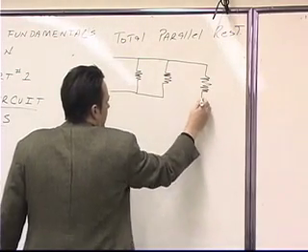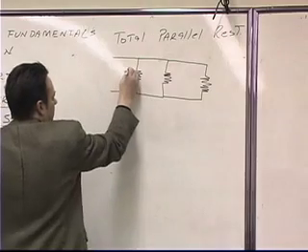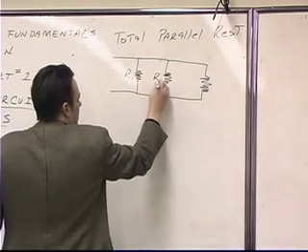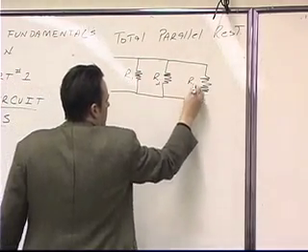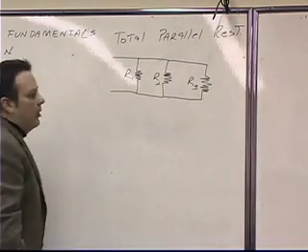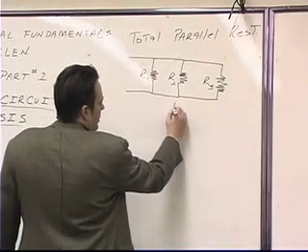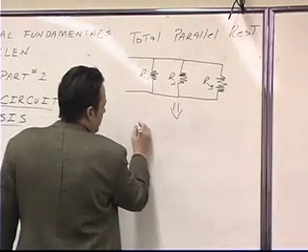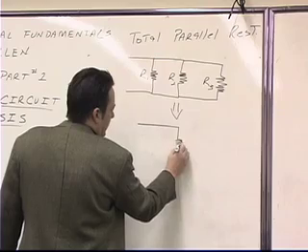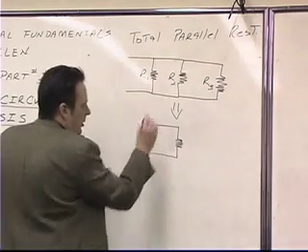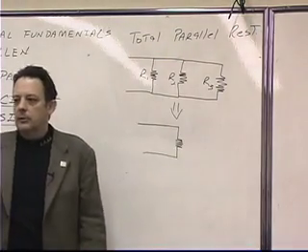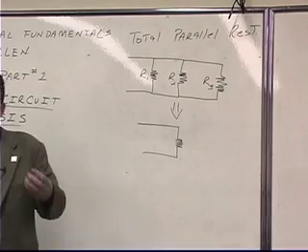Let's say that hypothetically we had 3 resistors, R sub 1, R sub 2, and R sub 3, and they were all in parallel with each other. What we wanted to do is find one resistor that would represent the same effect as all 3 of the resistors on top. So we want to find the equivalent parallel circuit.